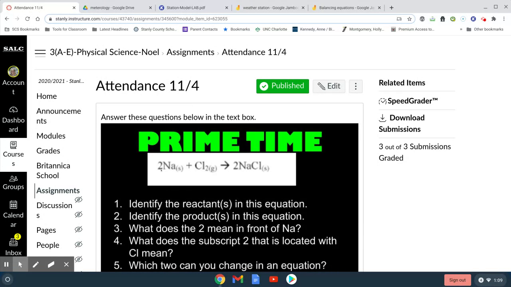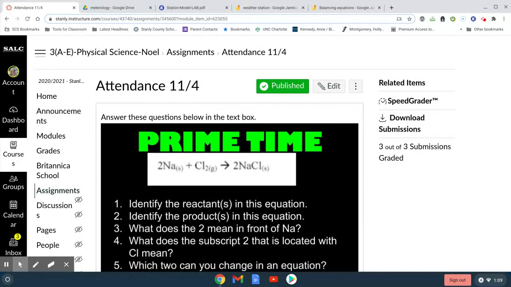The 2 means that you have 2, in this case, atoms, or over here, 2 compounds of that substance. If you have a subscript, it means that you have 2 individual atoms of that element that are bonded together.